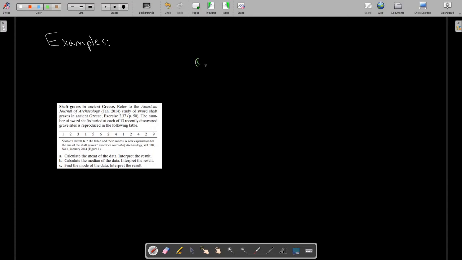So starting with part A, we want to find the mean, which is about adding up all of the values in our set of data and dividing by the number of numbers. So in this case, we would do 1 plus 2 plus 3 and so on up to 9.